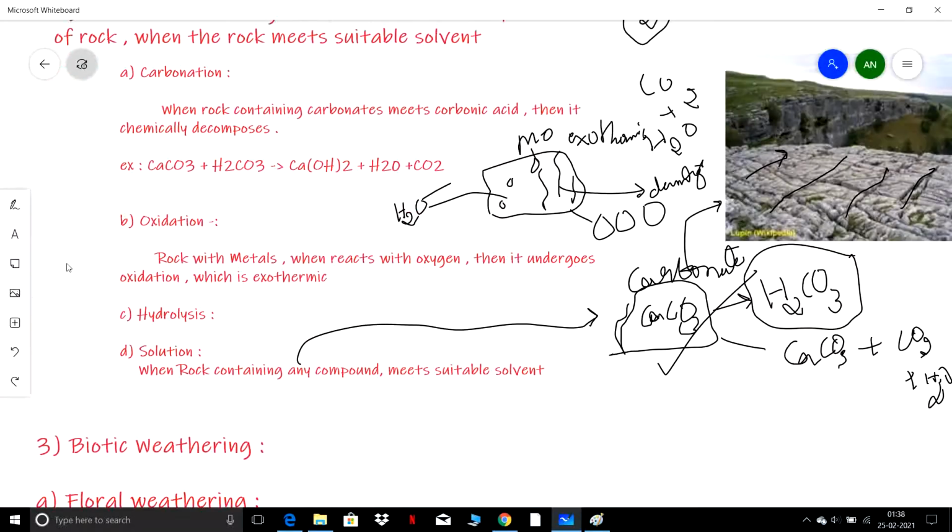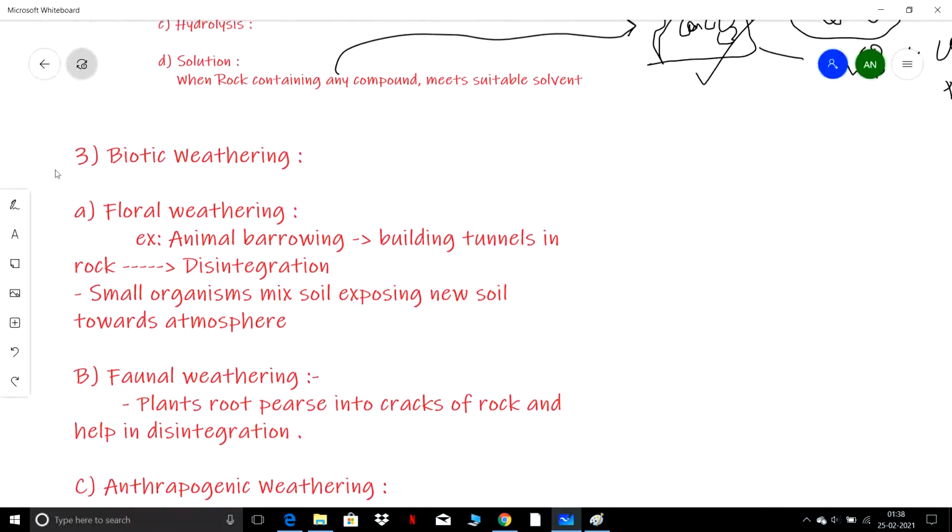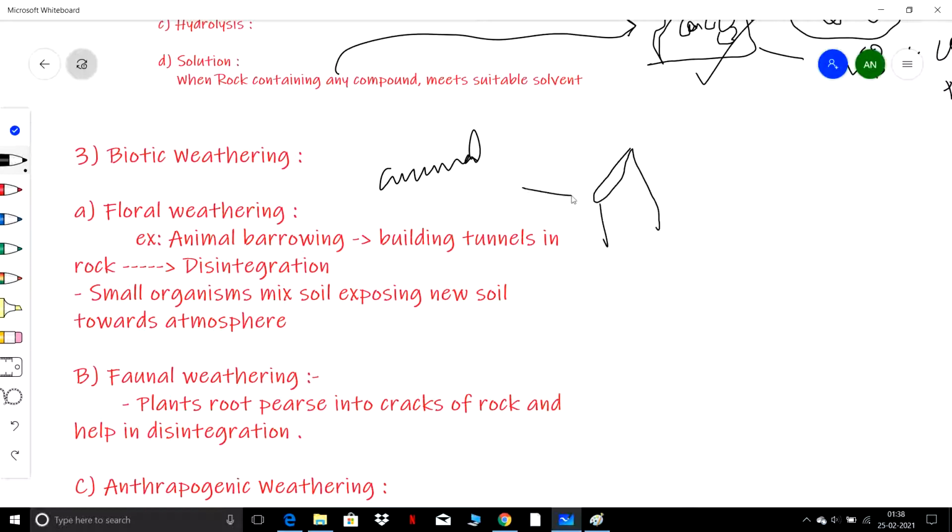Okay, now let's discuss the third type of weathering, biotic weathering. There are three types of biotic weathering. Biotic means living things and how they influence. Like faunal weathering. Faunal means animals, such as, we all know, mongooses or rabbits that live inside holes on the earth's surface. They burrow tunnels inside the earth, so this will help in the disintegration of rocks.